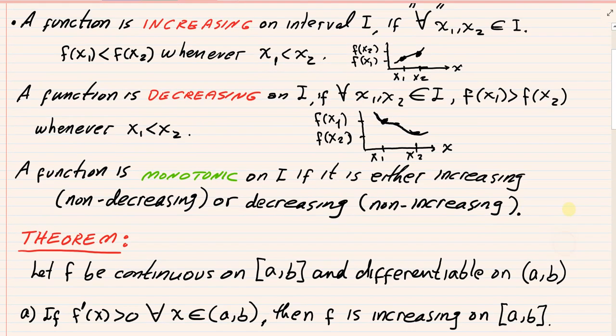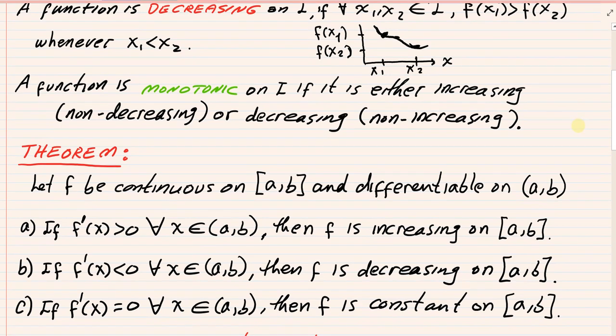Okay, next, in terms of increasing, decreasing, or being constant, we have our first theorem. This theorem says let f be a continuous function on a closed interval, differentiable on the open interval. Then one of these three things is true with regards to the derivative of the function at every point. If the derivative f prime x is positive, remember that that is the slope of a tangent line. If the slope of a tangent line is positive for all x inside of that open interval, then the function must be increasing.